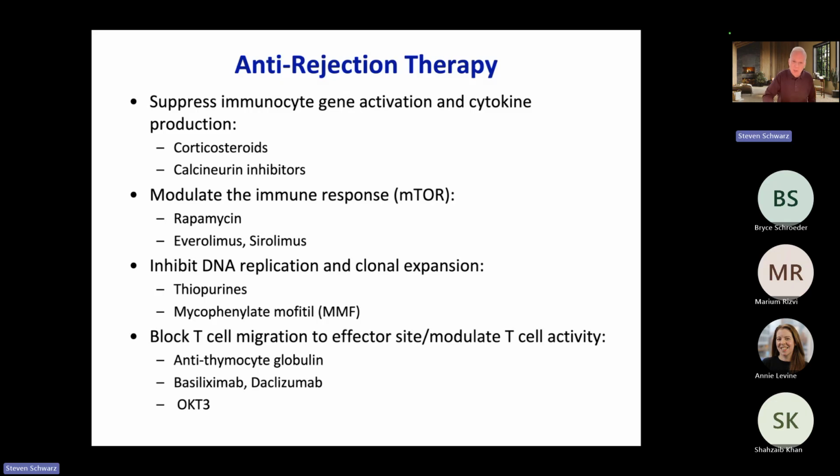That's where everolimus and sirolimus are used. They can inhibit DNA replication and the expansion of clones of lymphocytes, MMF and the thiopurines, or they can block T cell migration to the effector sites. And this is where your induction therapy comes into play, using anti-thymocyte globulin and the anti-IL-2 receptor.